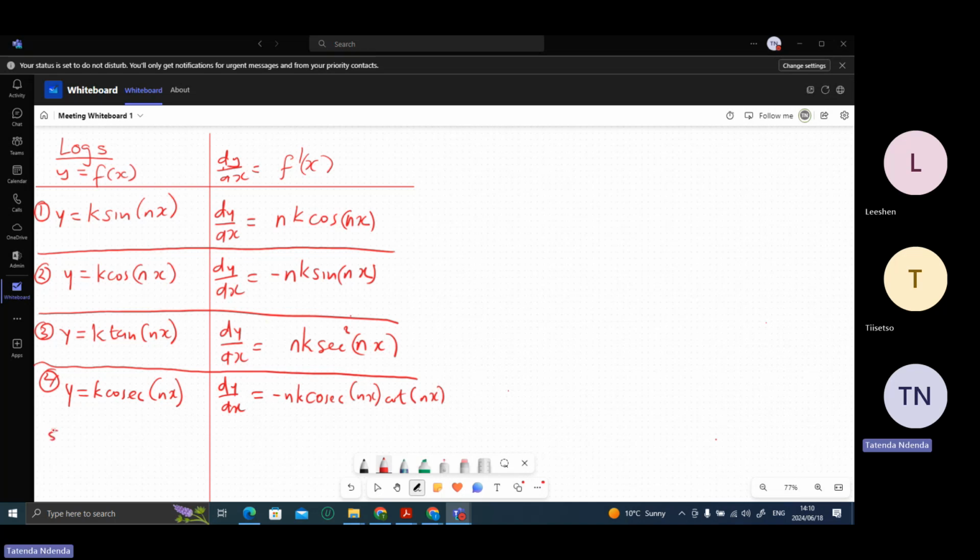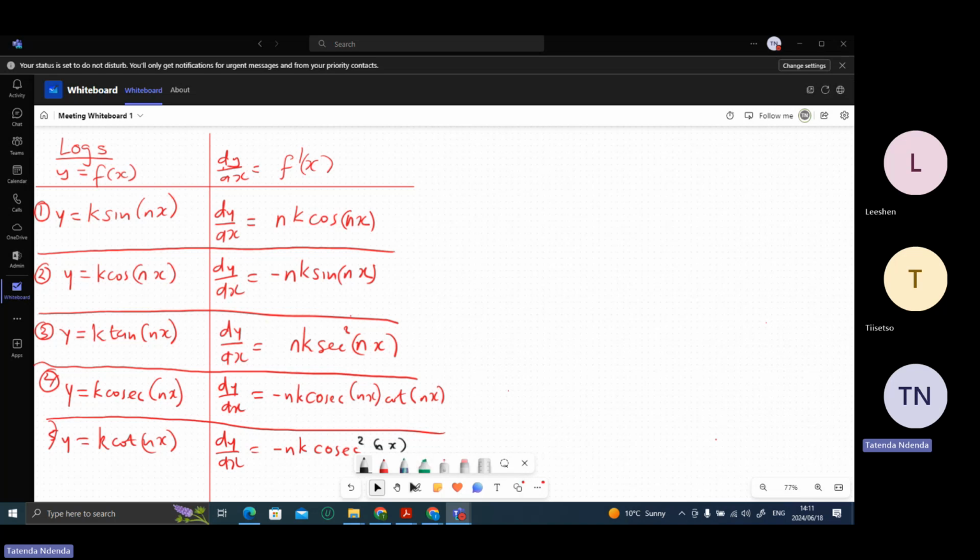Then we have number 5, which is y equals k cot nx. So dy over dx will be equal to negative n k cosec squared nx. Okay.